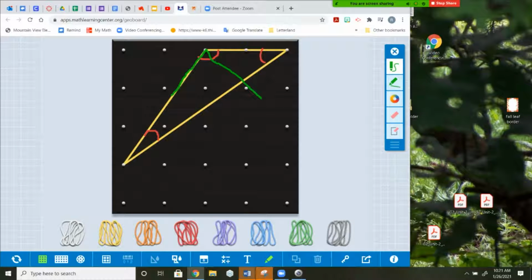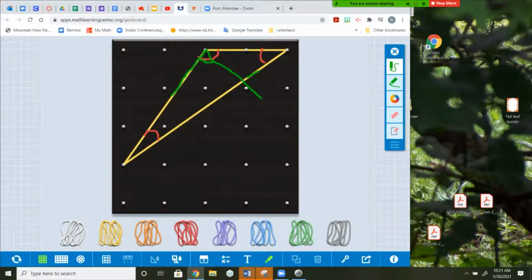If this is a piece of paper and this is a right angle right here, is this one smaller than the right angle or bigger than the right angle? Bigger. So what word do we use for the bigger angle? Obtuse. So that was an obtuse angle.